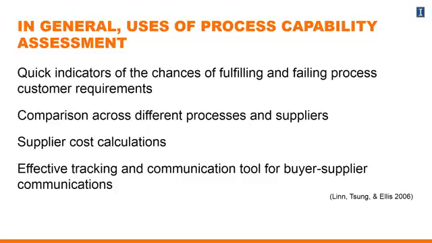It helps you think about the cost calculations for supplies that you're getting from particular suppliers. The higher the CP and the CPK numbers of suppliers, the lower the chances of you getting defective raw material, and of having to work with defective raw material and get defective product at your end. So that gives you a sense of calculating costs from different suppliers.